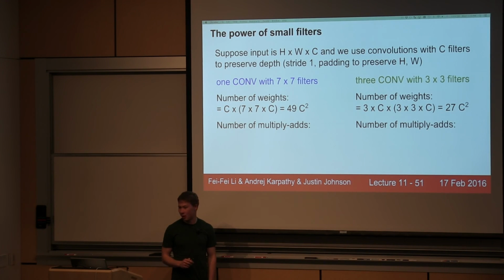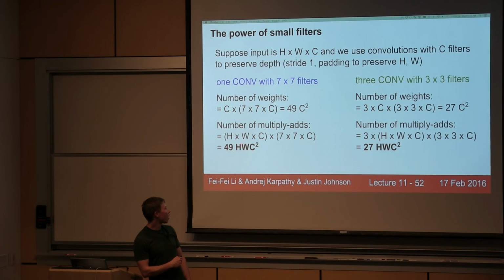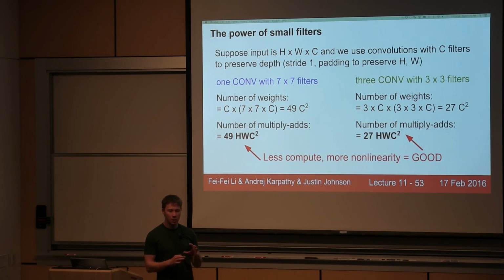Guess not? Sounds hard. Actually this is pretty easy, because each of these filters is used at every position in the image. So the number of multiply-adds is just height times width times the number of learnable filters. Comparing these two, the 7x7 not only has more learnable parameters, but it also costs a lot more to compute.